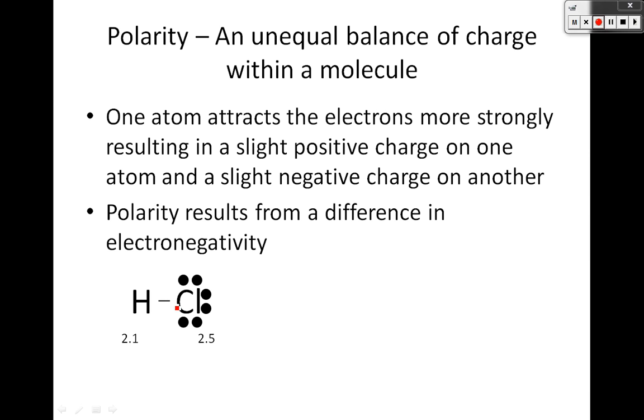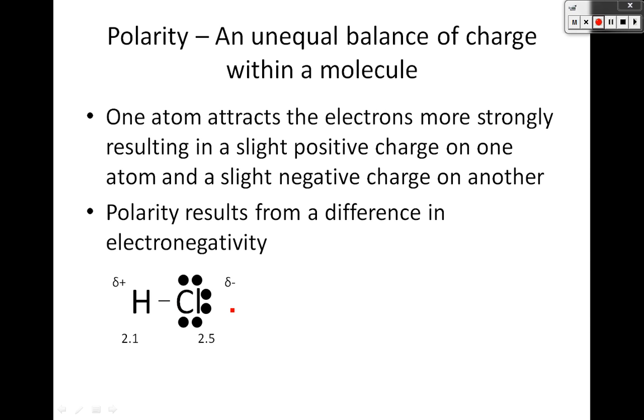So it's going to get maybe more of the sandwich than the hydrogen is, if we're talking about sharing a sandwich. Something like nitrogen gas that we just saw isn't going to be polar at all because the nitrogens both have the same electronegativity, so they're going to equally share the electrons.